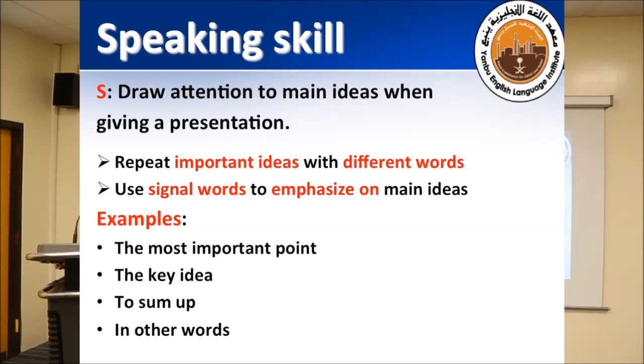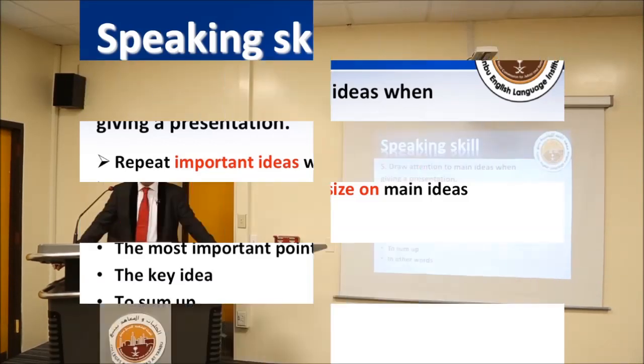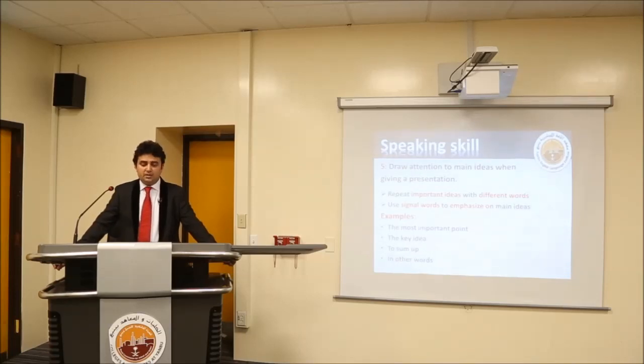The second thing is that you can use signal words which can help your listeners identify the main ideas. What signal words can you use? You can use signal words like the most important point, the key idea, to sum up, and in other words. So these 2 tips can help your listeners understand the main ideas when you give a presentation.